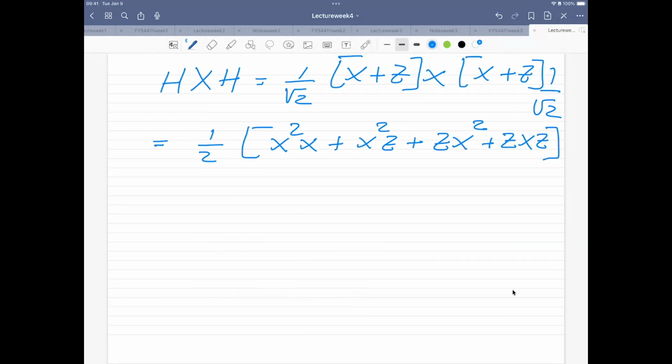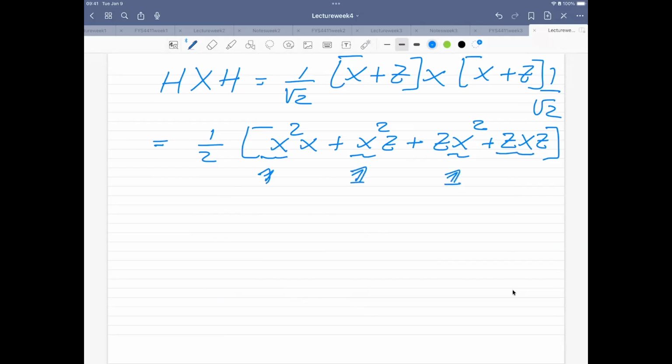Now, these squared terms have a specific value. Anyone remembers that? When I square these Pauli matrices? Identity. So that means I get an identity here, here, and here.